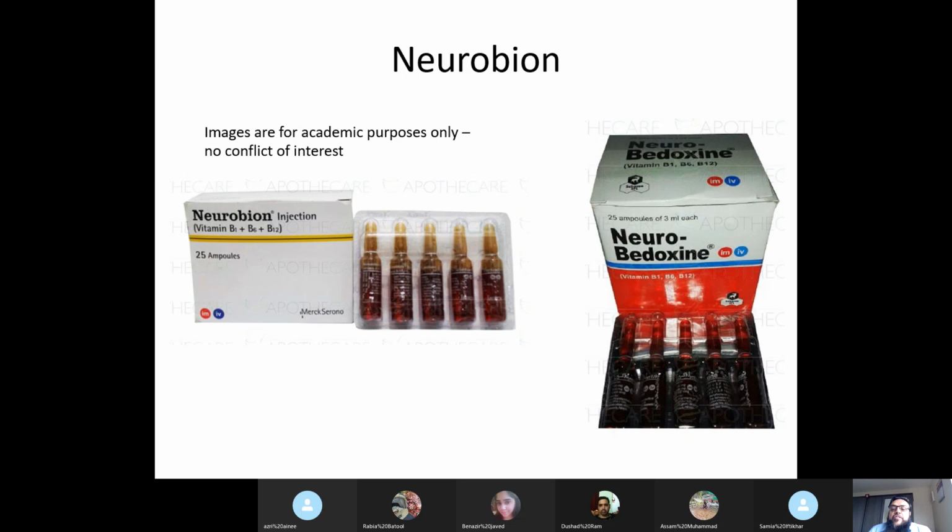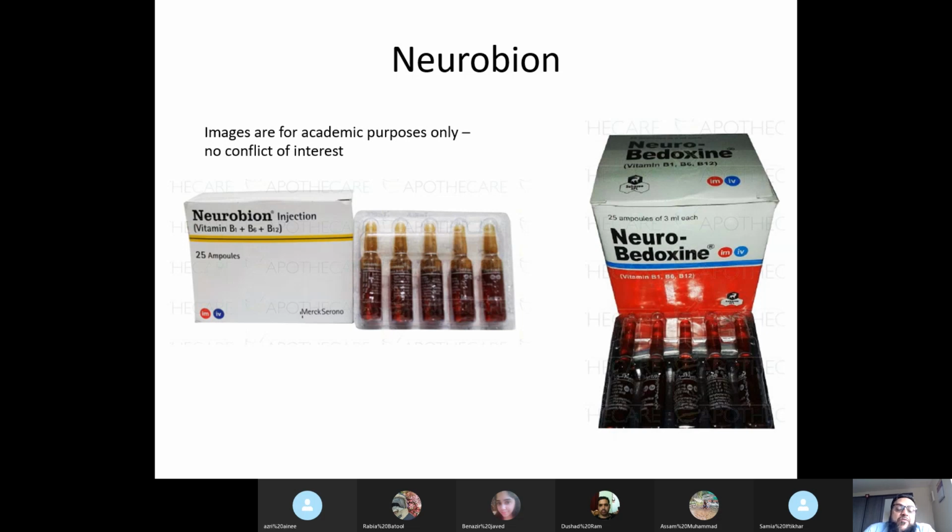I have put both pictures up. I'm not promoting any company, but just to show what is available in Pakistan, and maybe similar or the same things in India as well.